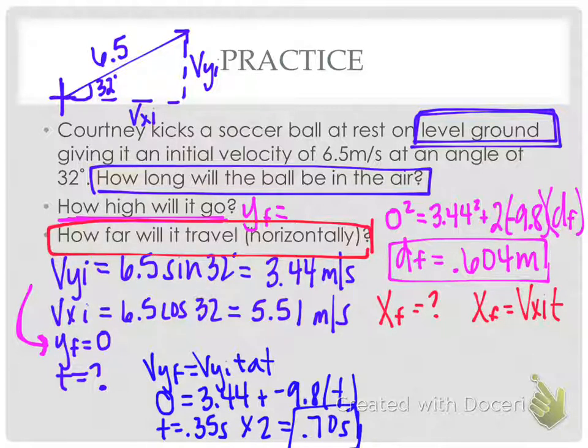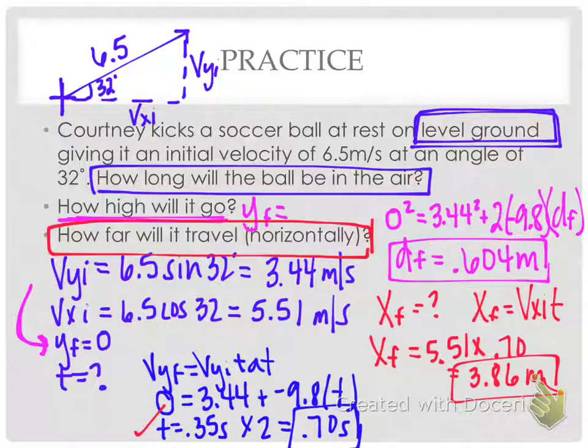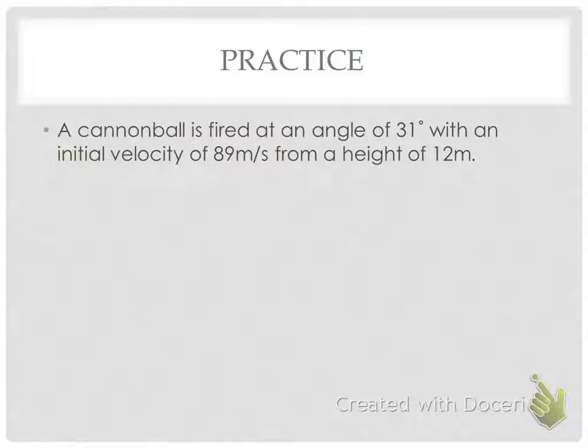What time are we going to use? The time to peak height or the whole time? The total time. Make sure that you're very, very careful there, okay? So to find x final, we would take 5.51 times 0.70.